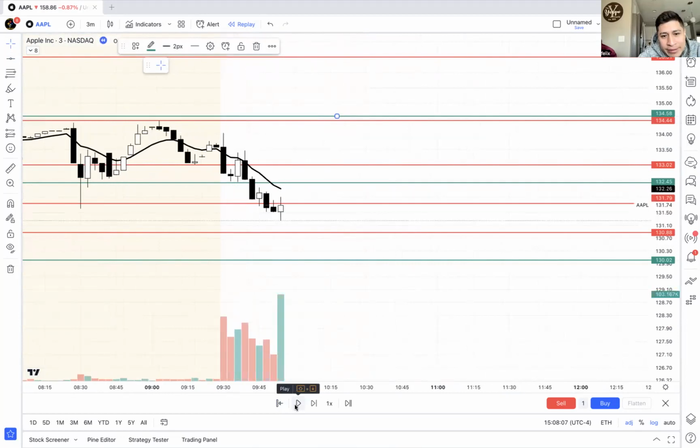Do you want to move your stop yet, or you want to let it go? I say I want to move it down. Okay, to what price? We just got in right here at 132.44. It's 131.